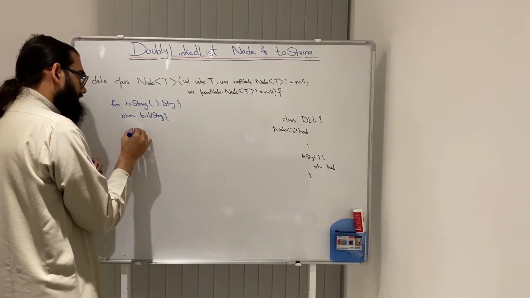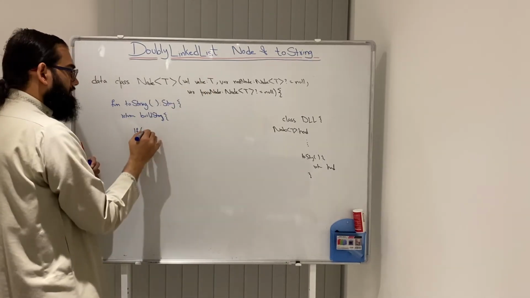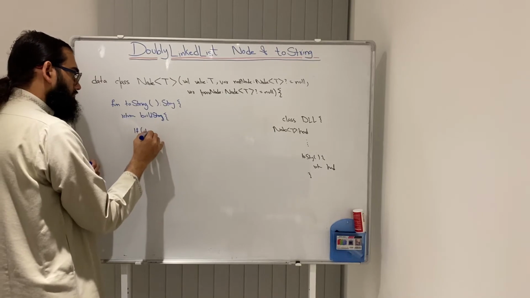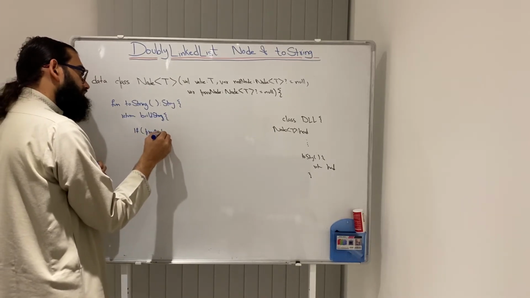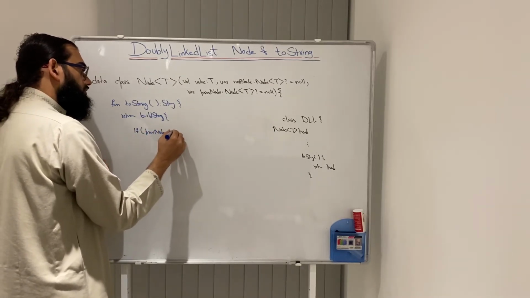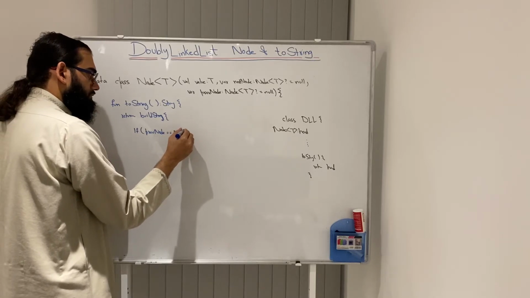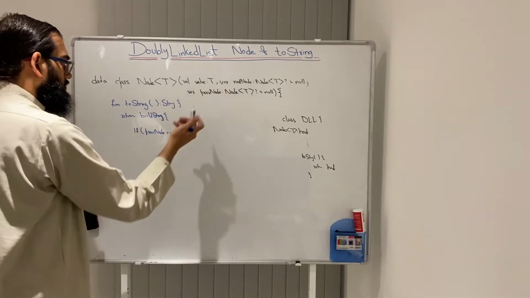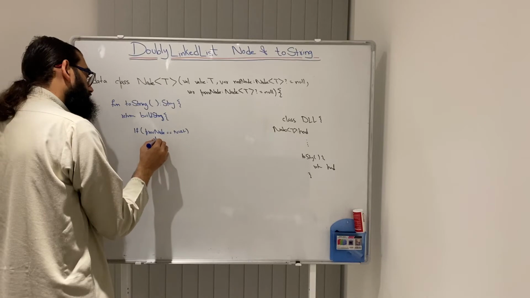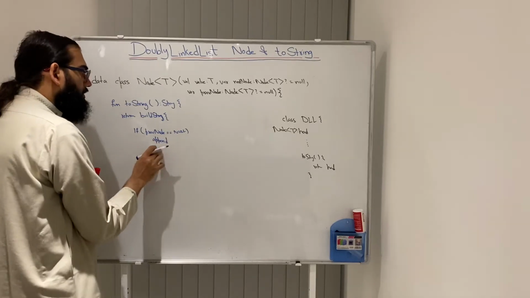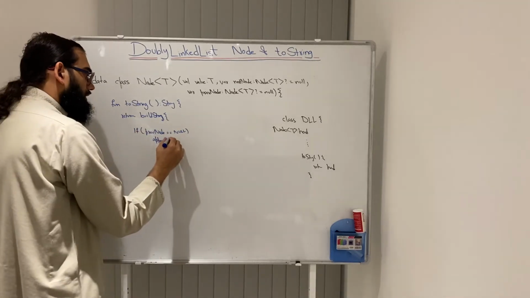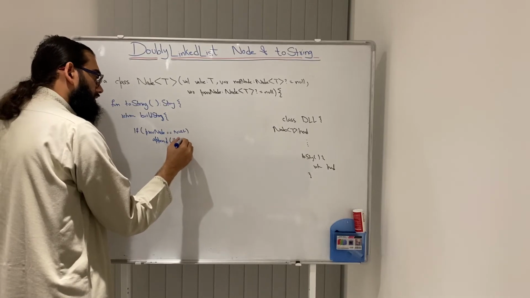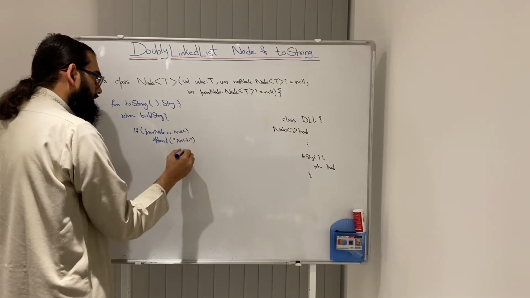So first I will say, okay, if previous node equal to null. So if my previous node is null, what you do, you can do append, because it's a StringBuilder. And I will say, okay, null. I did append null.